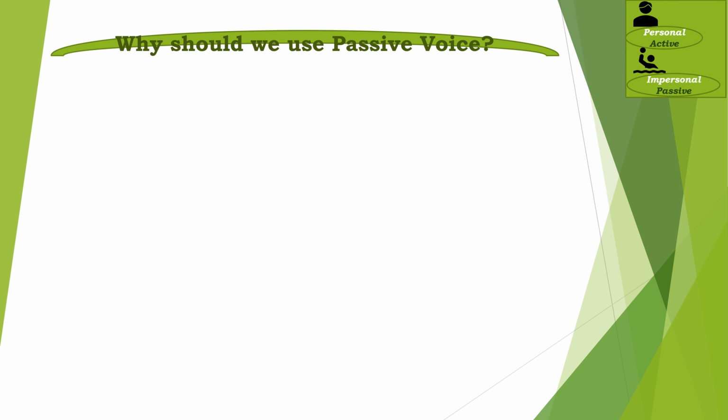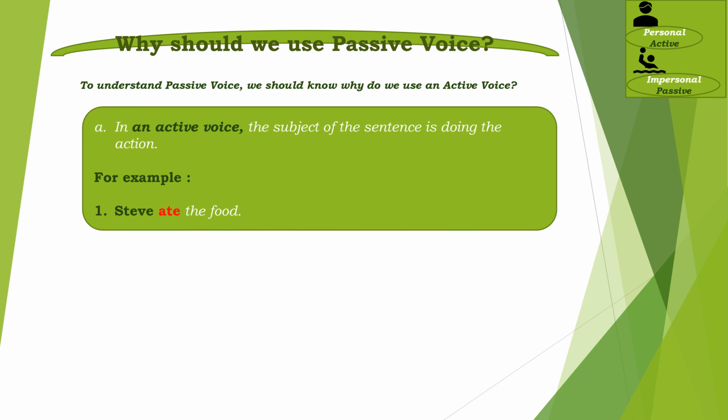To continue our learning about active voice and passive voice, let's discuss the question, why should we use passive voice? To understand passive voice, we should know, why do we use an active voice? Let's have a look at the definition of an active voice. In an active voice, the subject of the sentence is doing the action. Let's have a look at this example. Steve ate the food.